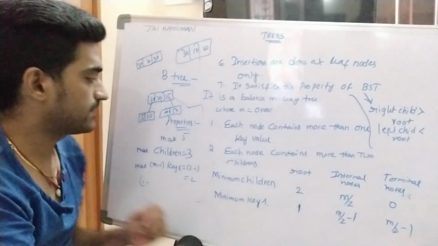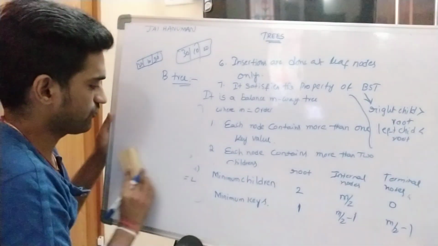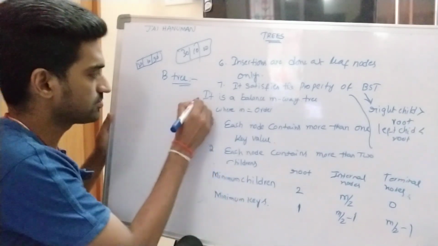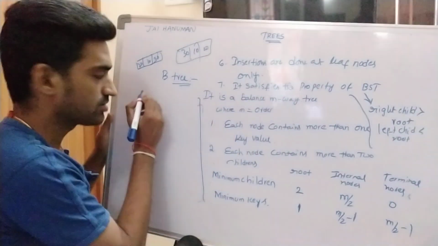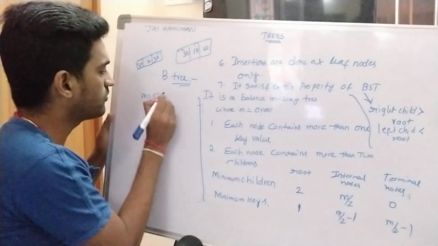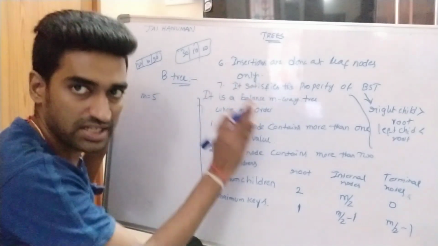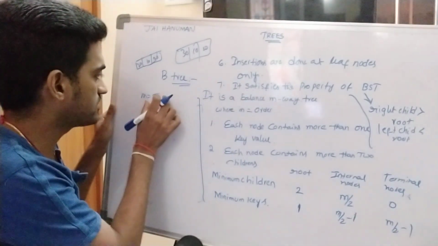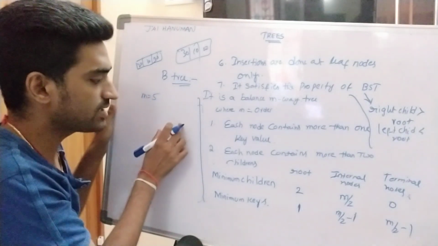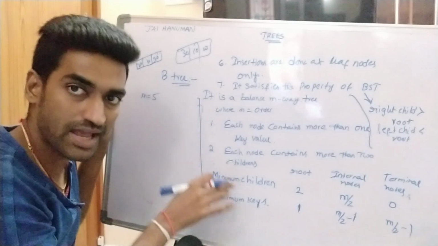Let us take one example. It is a balanced m-way tree, and here I am taking m equal to 5, a fifth order B tree. For this I want to calculate the minimum children, minimum keys, maximum children, and maximum keys.